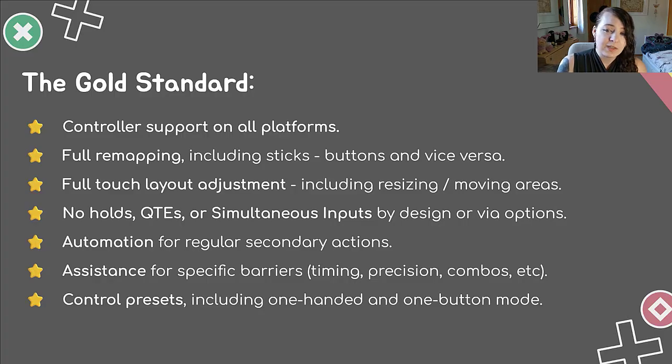Automation for regular secondary actions like auto pickup, assistance for specific barriers in your game, so things like game speed for timing, aim assist for precision, or combo assist, and control presets, including things like a one-handed mode and one-button modes.